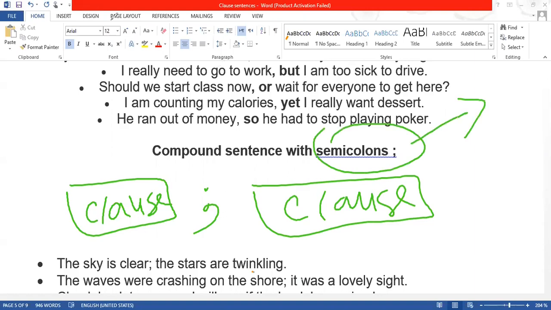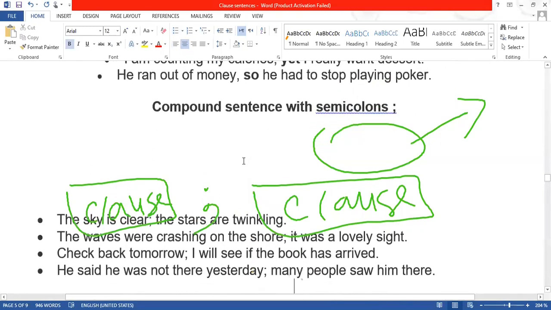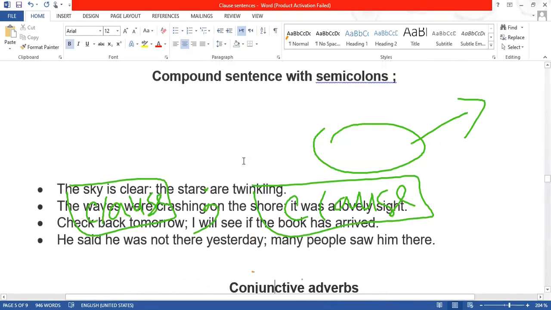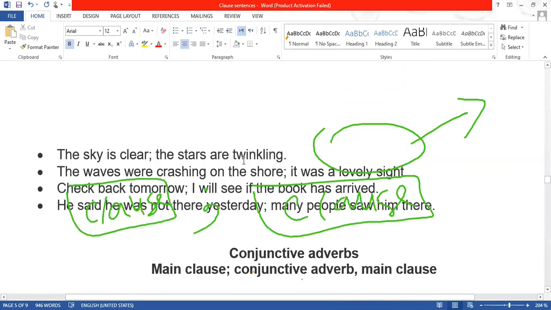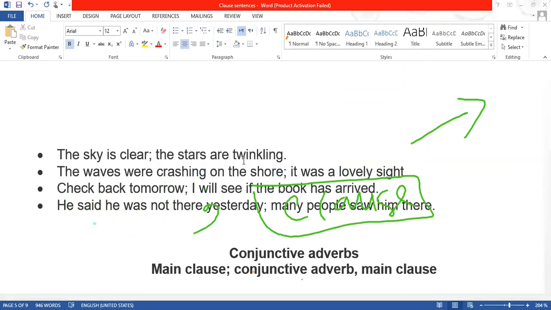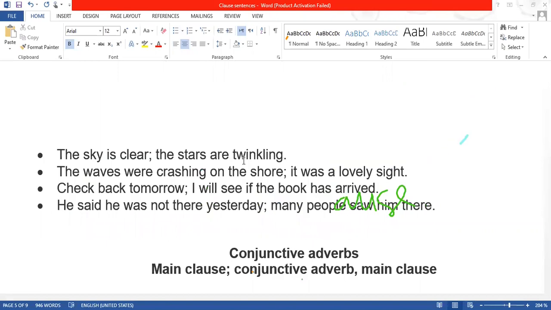Now, this is very interesting. See these sentences. The sky is clear and the stars are twinkling. Here I can use and, but if it's already understood, we can replace and with a semicolon.